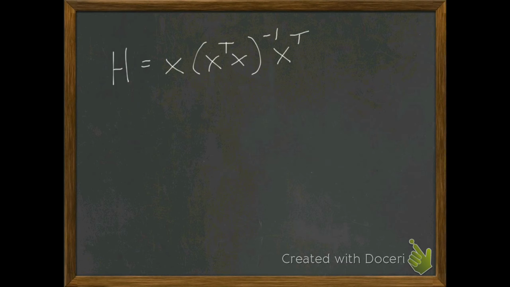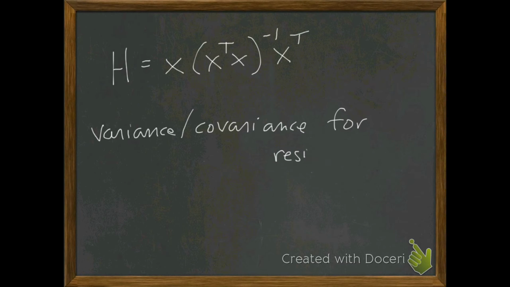Something else I want you to remember is the variance covariance matrix for our residuals. Now guys, don't get this one confused with the variance covariance matrix for our coefficients B. This is the variance covariance matrix for our residuals.